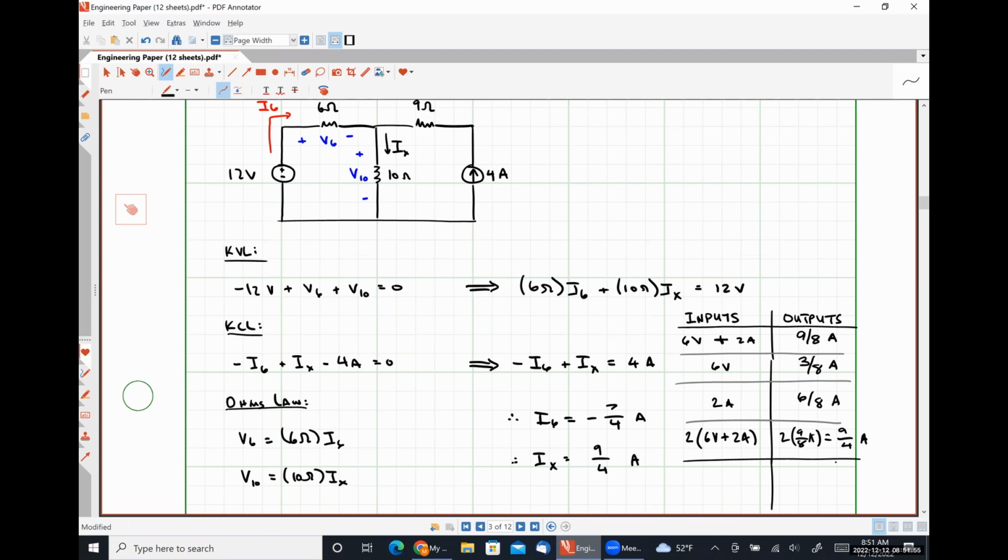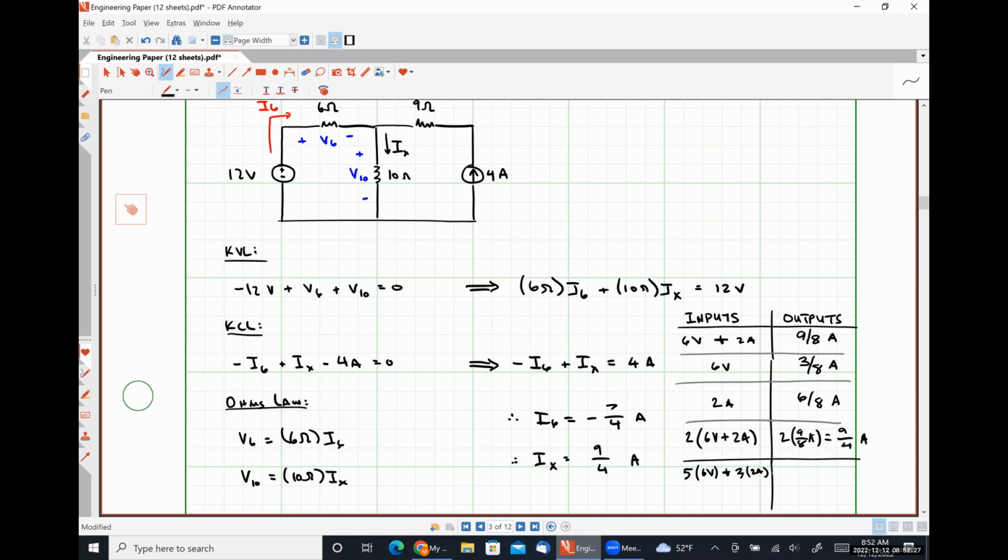So let's say that we scale the 6-volt source by a factor of 5, and we scale the 2-amp source by a factor of 3. What would we expect our output to be?